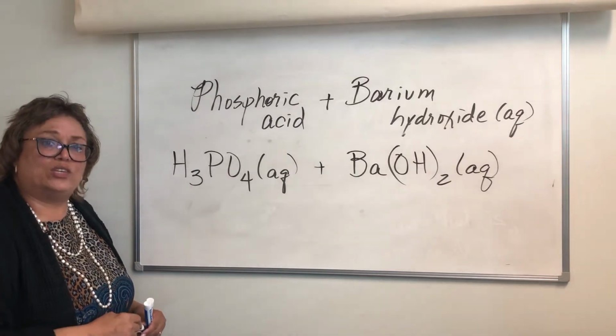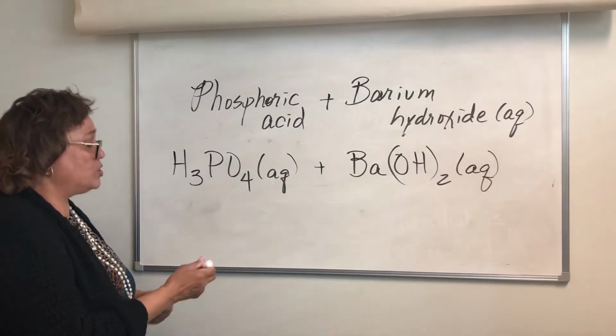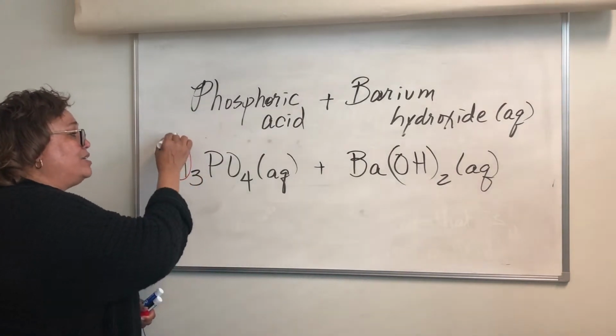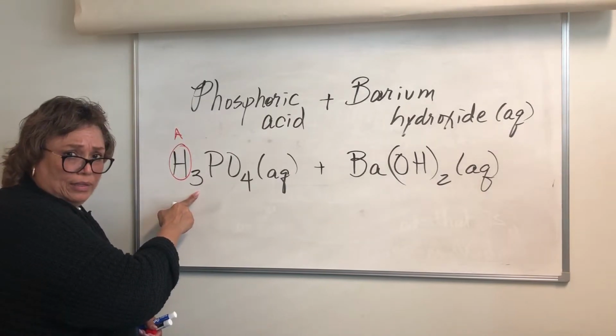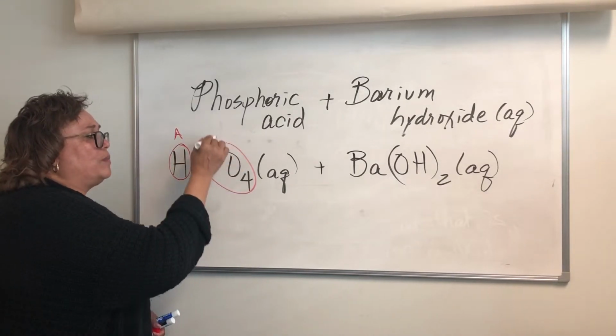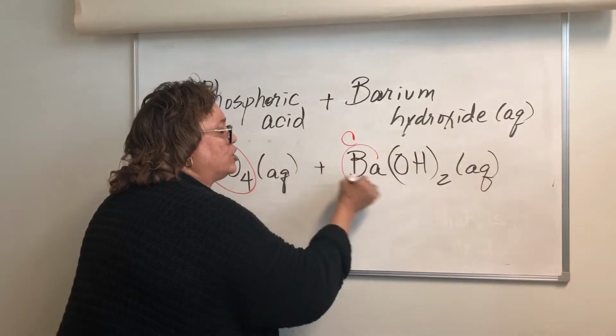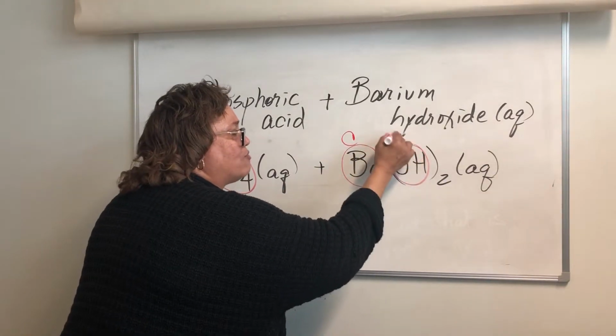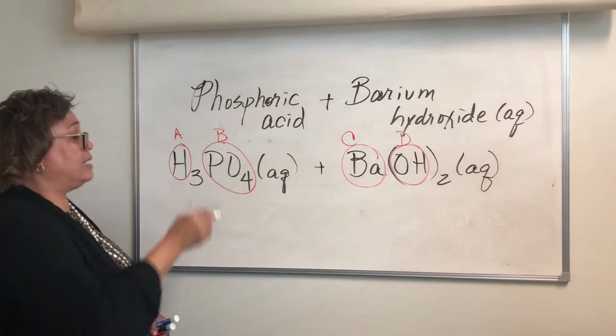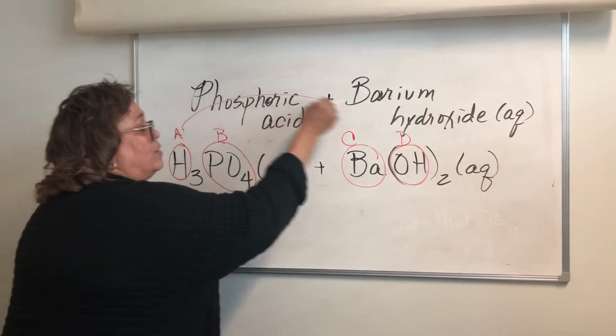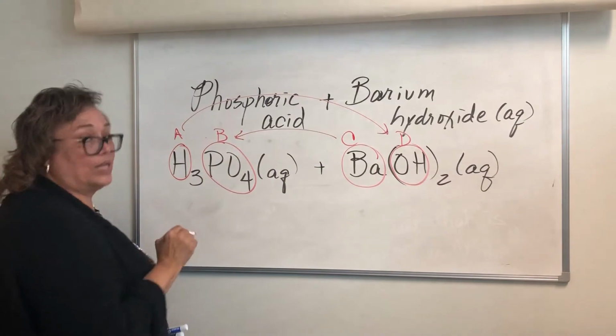Again, identify your ions. So this is your A, just the hydrogen. Don't take that little 3. Okay? You can only take the subscript if there's a polyatomic ion. Here is C, just your barium ion, and the hydroxide ion is your D. Now let's swing it, baby. Woo! Okay?